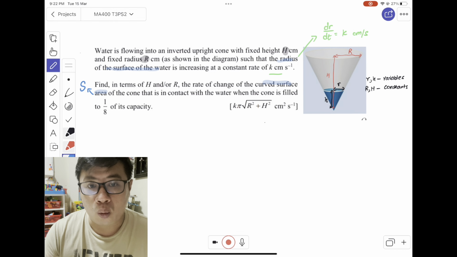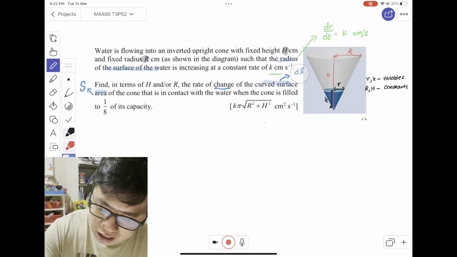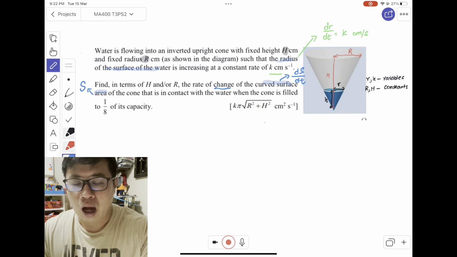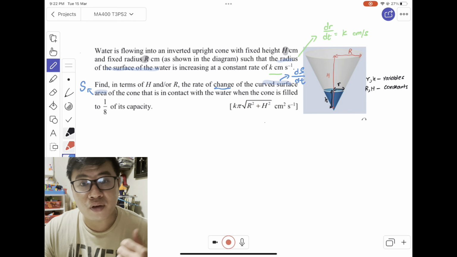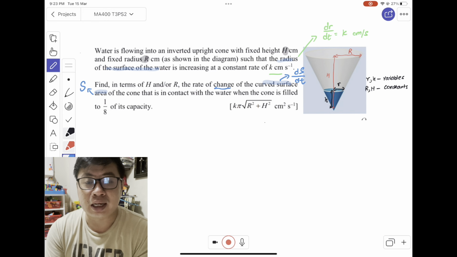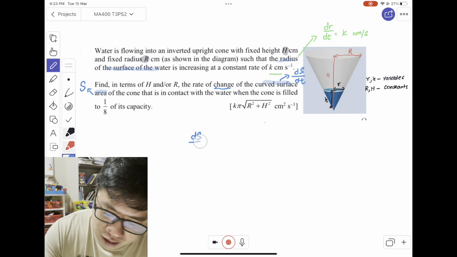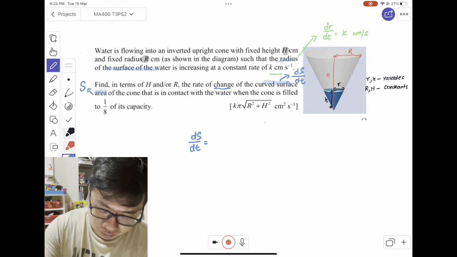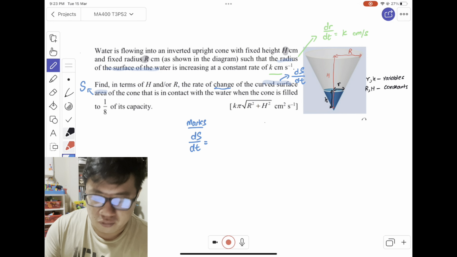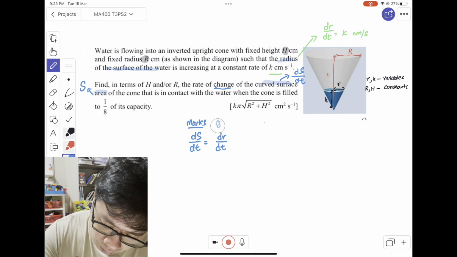What they are asking for is dS/dt. I want to find the rate of change of the curved surface area of this cone, so we need to find dS/dt. This is the one that gets us the marks. The one that's given is dr/dt.